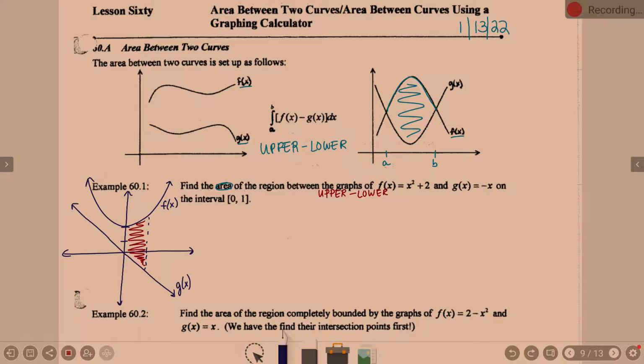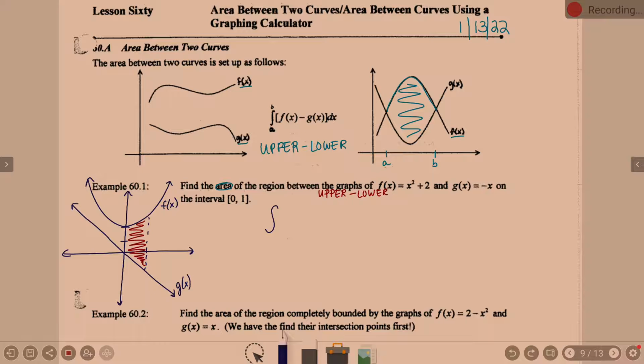And I mean, you could set it up as two integrals if you want, but it's not necessary. You'll notice right here, it's the integral of f minus g. If for some reason you feel like you need to do the integral of f minus the integral of g, that works. Okay, integral. What are my boundaries on this integral?